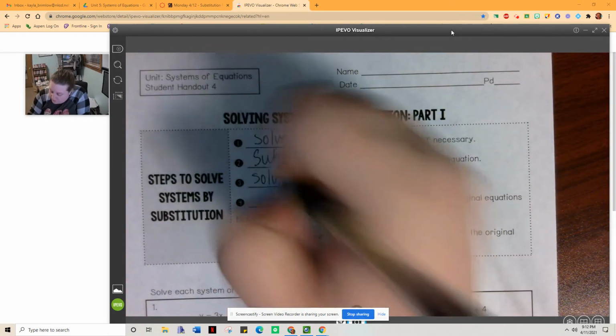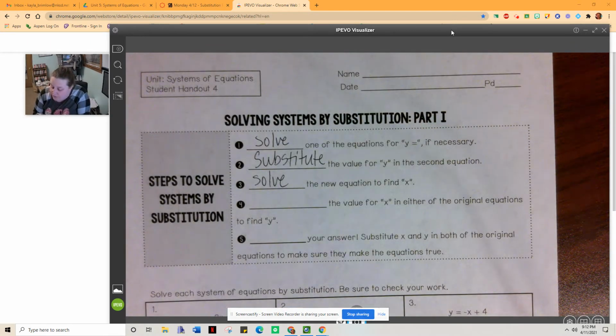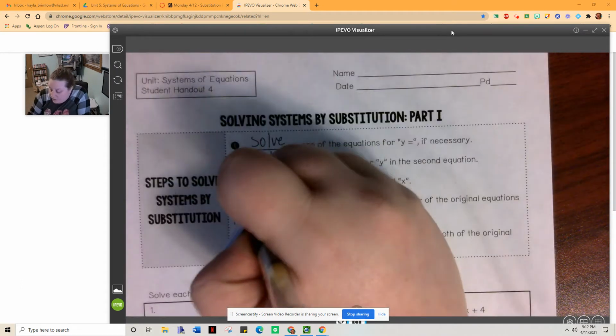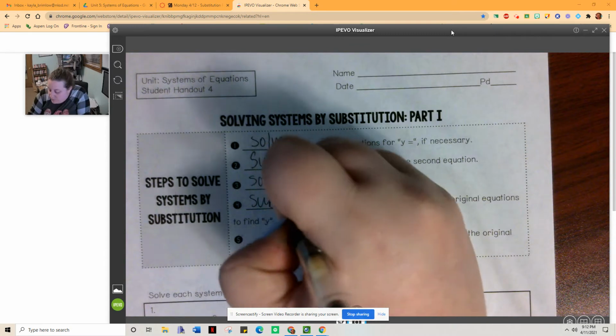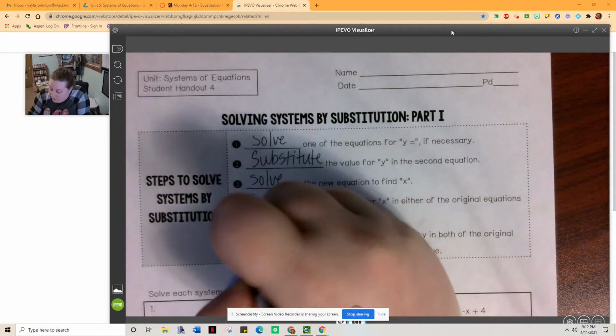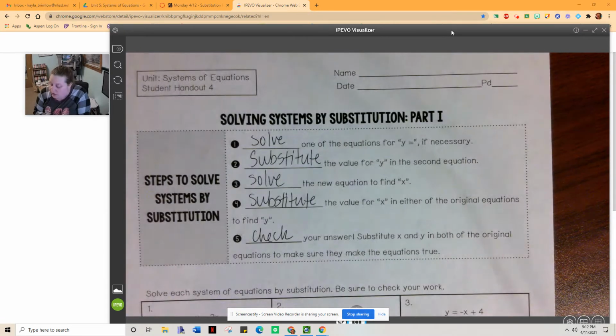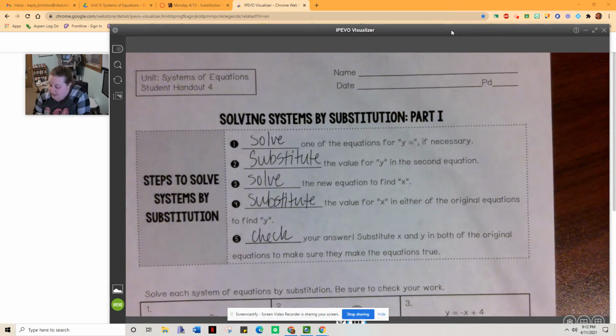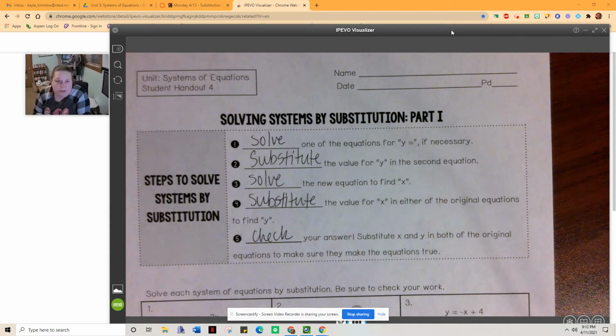You're going to solve the new equation to find x, and then you're going to substitute the value for x into one of the equations to solve for y.